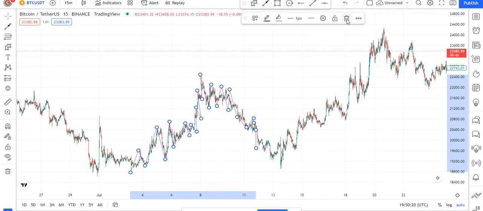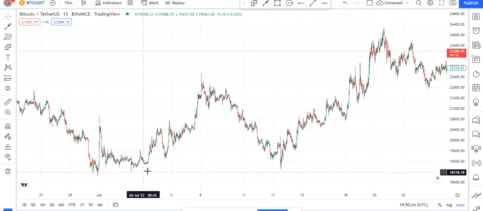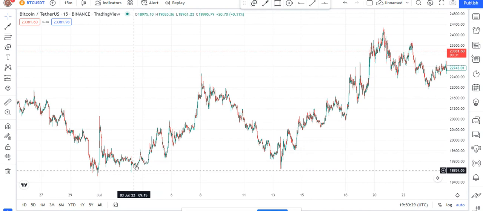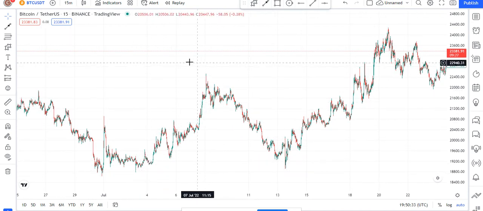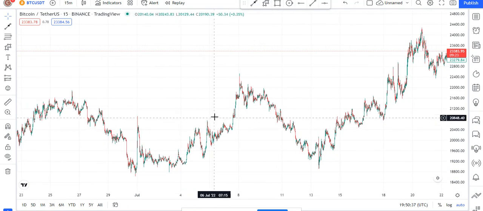So in this case, we are reversing to do a deep correction. All these smaller ones, these small corrections, are just corrections within a very big impulse. So this entire move is one big impulse.